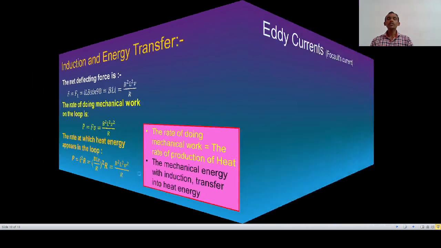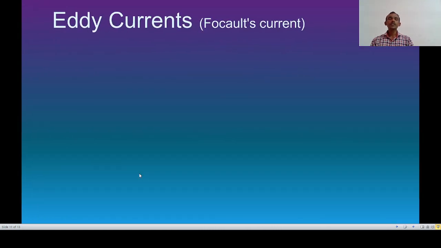Now the last point of this lecture is eddy current. Eddy current is also called Foucault's current.